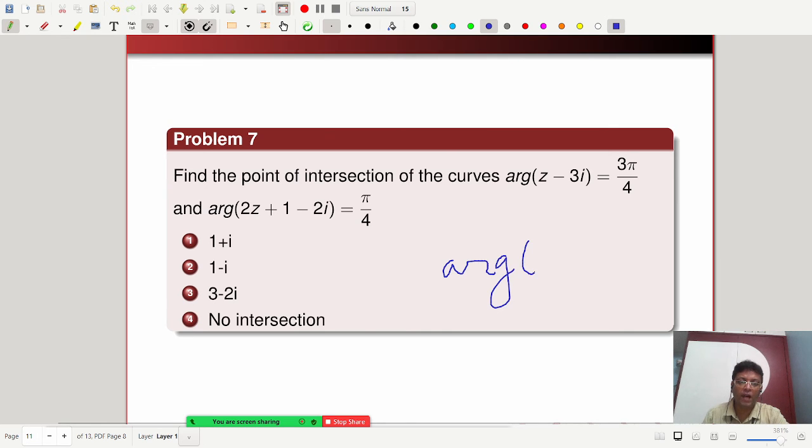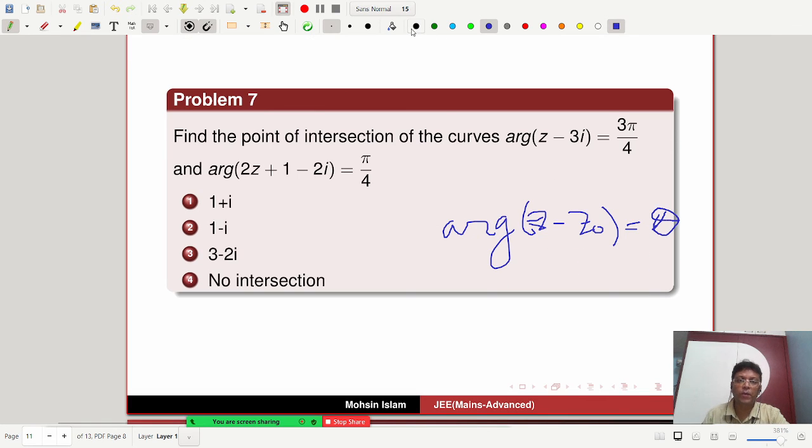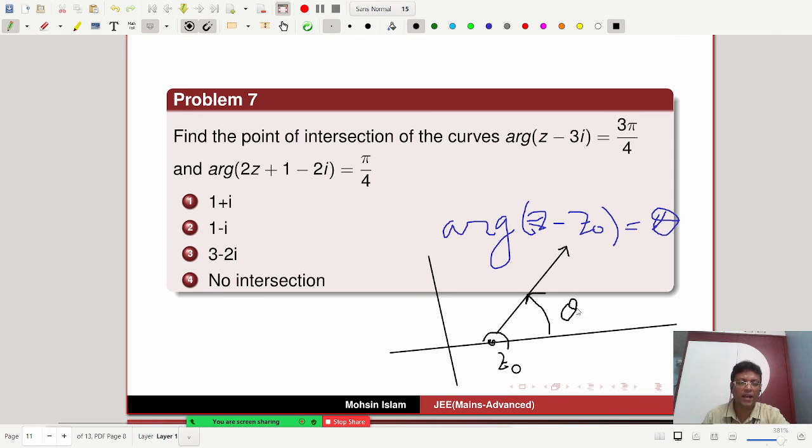what do you mean by argument of z minus z naught, where z naught is a complex number, equal to suppose theta? Actually, this represents a ray. Suppose this is the complex number z naught. It represents the ray starting from z naught in the anti-clockwise direction, and the angle it makes with the positive real axis is theta.